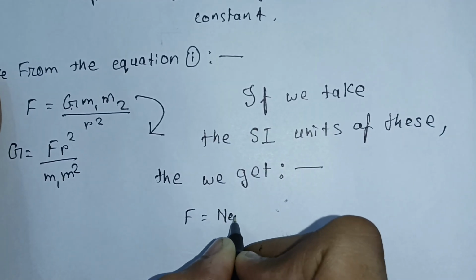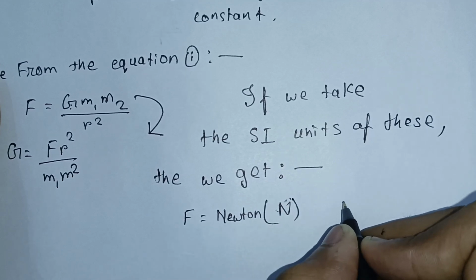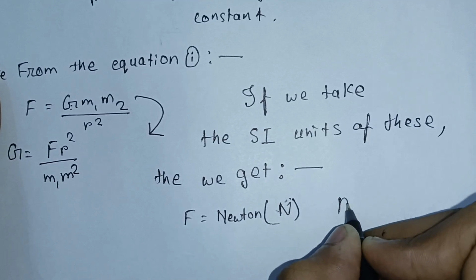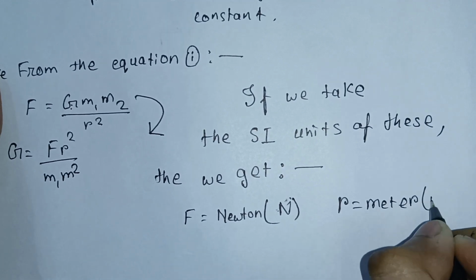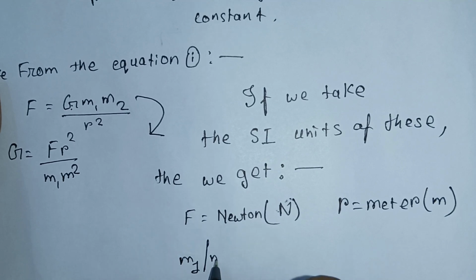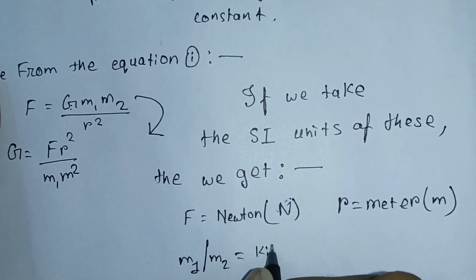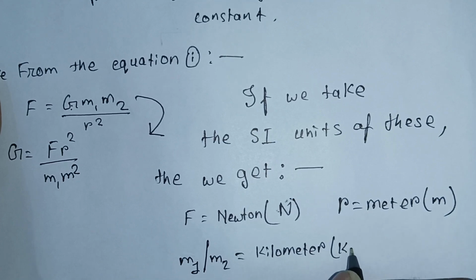F is force, that's why the SI unit is Newton, the symbol is N. R is the distance between them, the SI unit is meter and the symbol is m. And m1 and m2 are the masses, that's why the SI unit is kilogram, or kg as symbol.